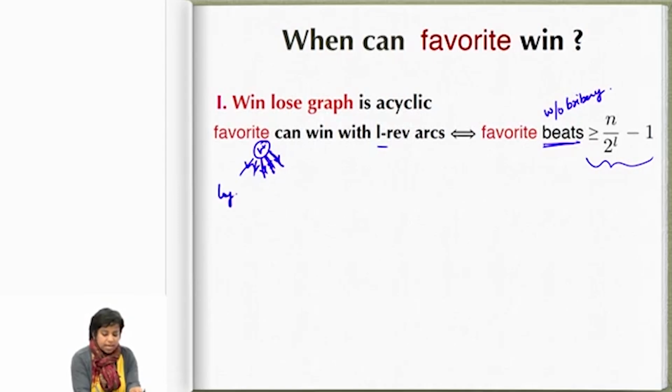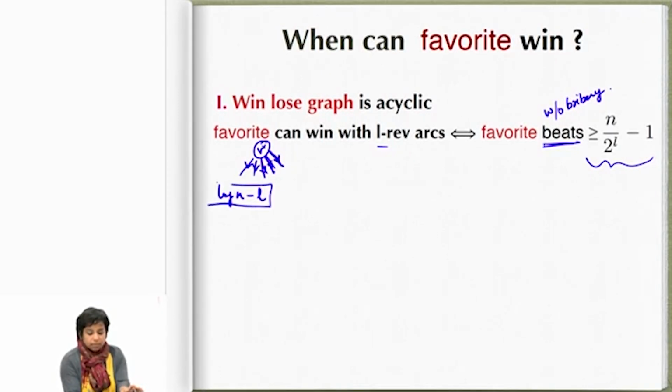So V star has how many children? Log n children, right? N being the number of vertices in the graph. So of the log n children, L of these are the ones that have blue arcs incident on them. So look at these other non-blue neighbors of blue children of V star.